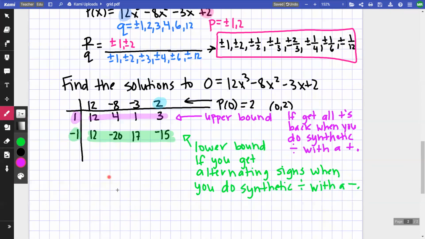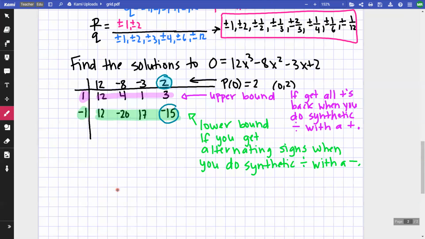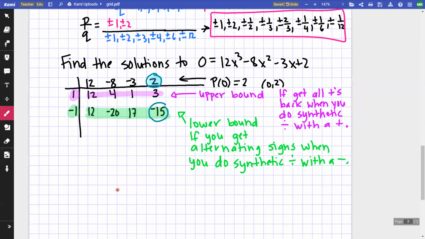So something else I want you to notice is that in between this 0, which gave me 2, and this -1, which gave me a -15, you will have a 0 in between. Because at 0, I get 2, so I'm above the x-axis.